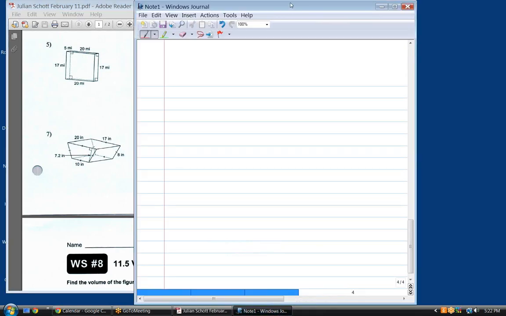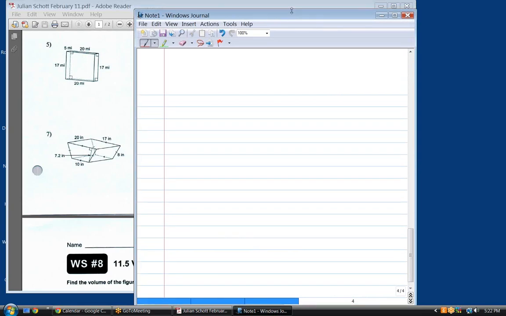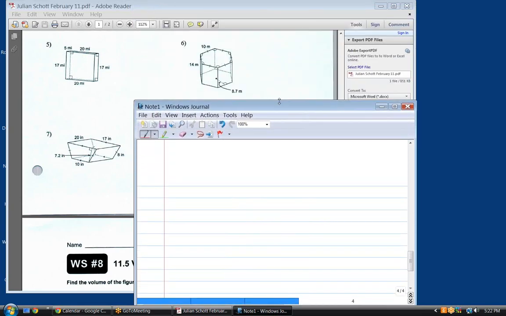Number 6 is no longer a rectangular brick. So is that like 1/2 center? Okay. So first of all, the volume equals the area of the base times the height. Always with prisms. So what's the area of the base?